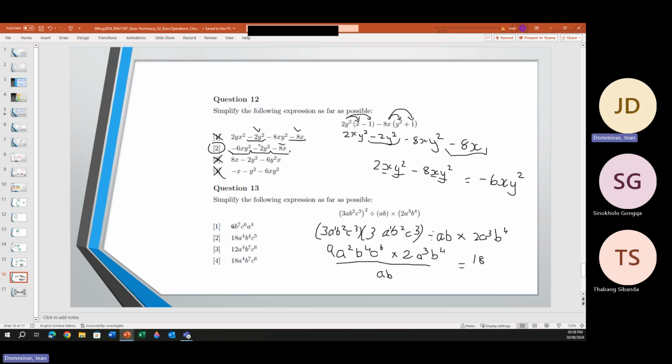So let's look at, okay, so not option 1 because that's 6. Option 2 might be, not option 3, option 4 might be. So already by just looking at the numbers, we said 2 options are not possible.